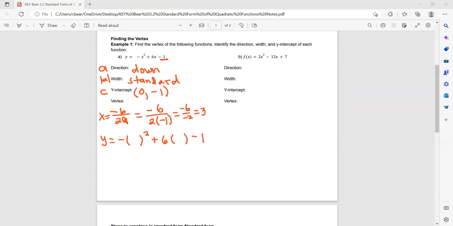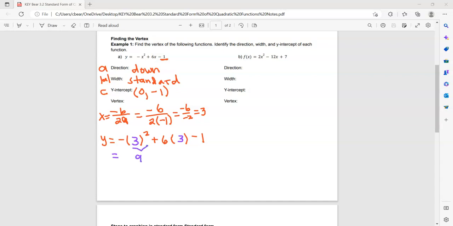I'm going to change color. I'm going to replace the x's with 3's. Following my order of operations, on this first term, only the 3 is getting squared, so 3 squared is 9.